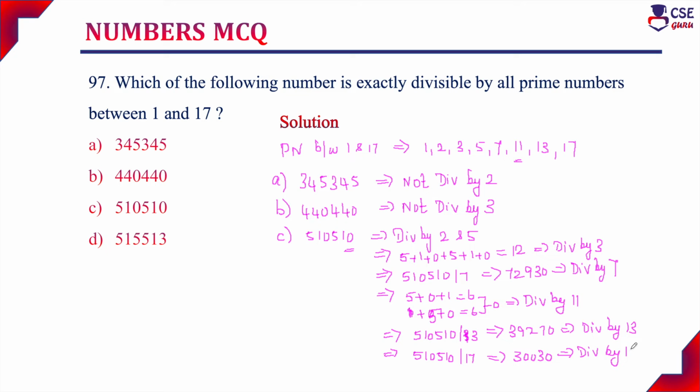Yes, it is also divisible by 17. So option C is divisible by all prime numbers between 1 and 17. And option D, since its unit digit is 3, it is not divisible by 2. So the correct answer is option C, 510510.